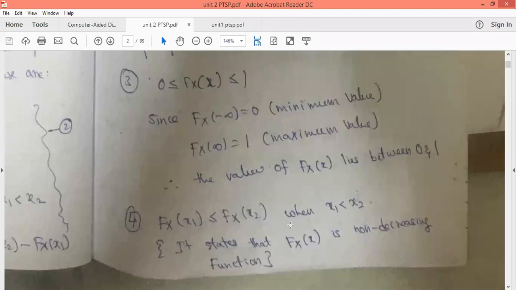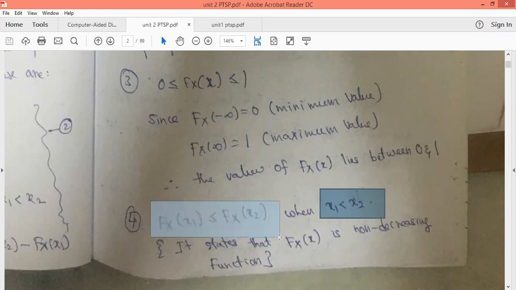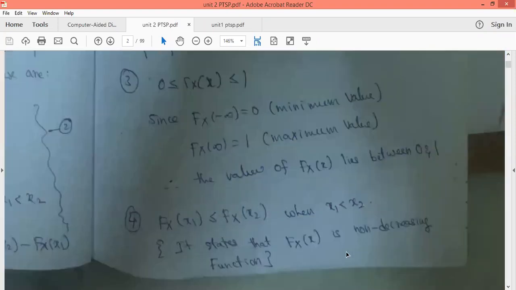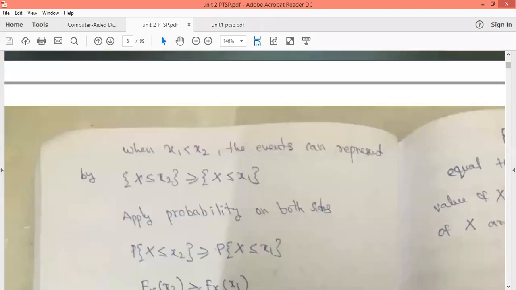And the fourth property says that if x1 is less than x2, then F_X(x1) is less than or equal to F_X(x2). It means that F_X(x) is a non-decreasing function. When x1 is less than x2, the events can be represented by the probability of X less than or equal to x2 being greater than or equal to that of X less than or equal to x1. It is given that x1 is less than x2.